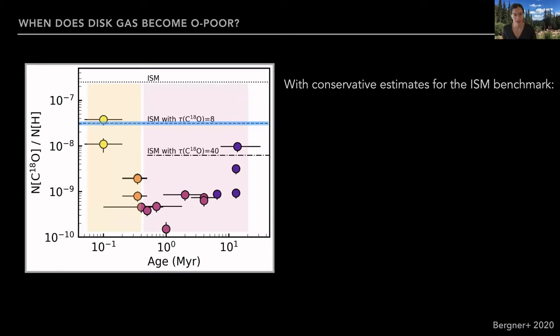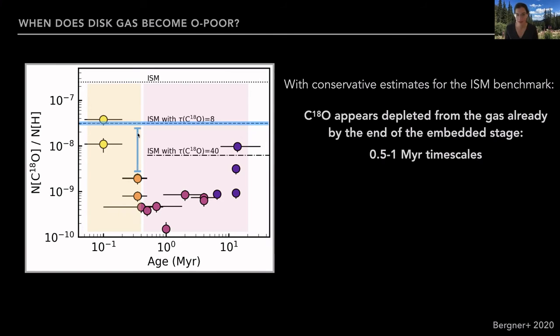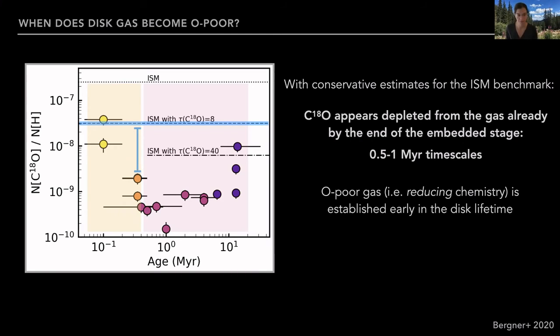And with this conservative estimate, we see that the youngest embedded sources are still consistent with an interstellar CO abundance. But by the Class 1 stage, or 500,000 years, it's very difficult to reconcile our observations with an interstellar abundance. So we think that the depletion seems to be happening by the end of the embedded stage, between maybe 500,000 and 1 million years. And this means that this oxygen-poor gas, or this reducing chemistry, is established fairly early in the disk lifetime and then perpetuated throughout the rest of the disk lifetime.